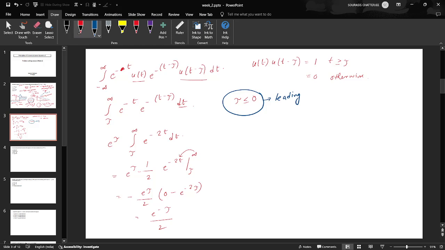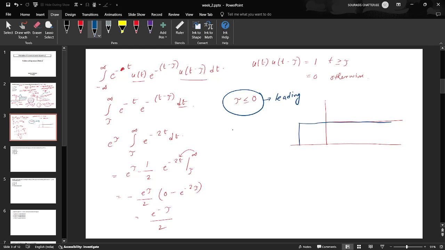So in this case you will have the unit step function as it is, that starts from 0, but the leading version of the unit step function will start somewhere from here, and it will move onwards.